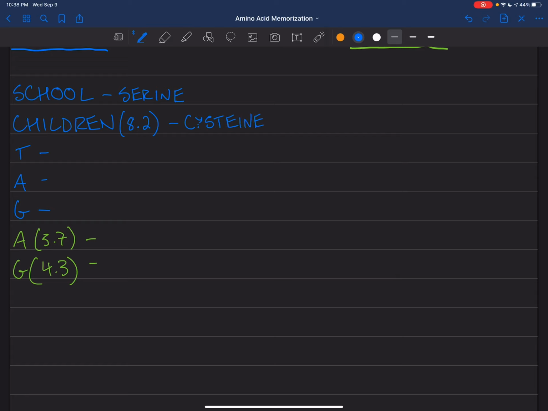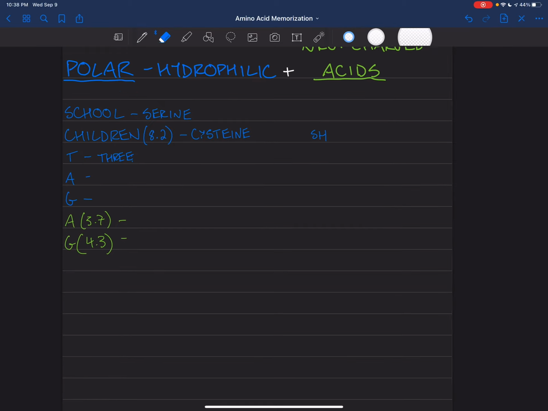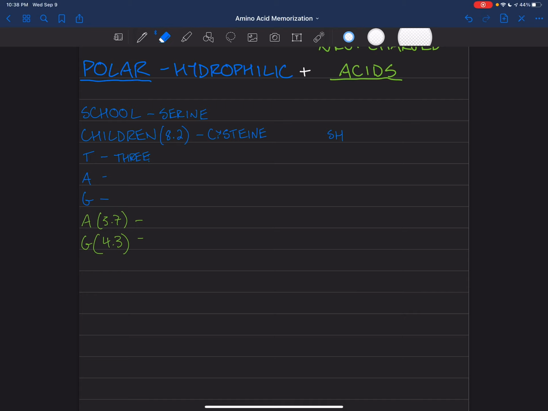And when people make noise in the Sistine Chapel, you tell them shh so they can be quiet. All right, this is threonine. Threonine. This is asparagine.